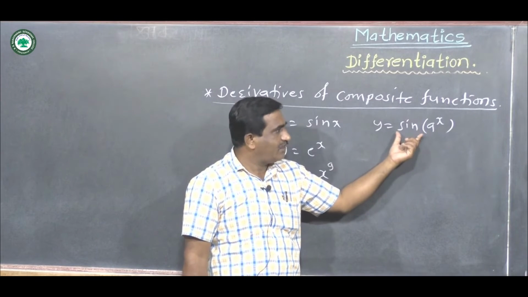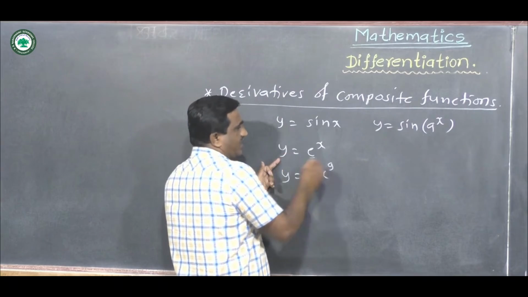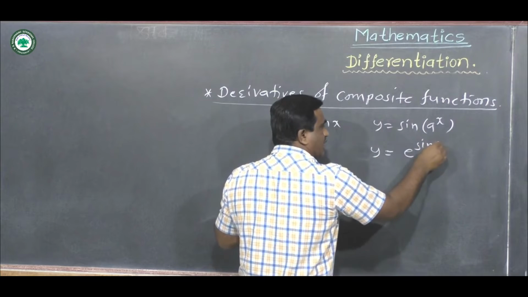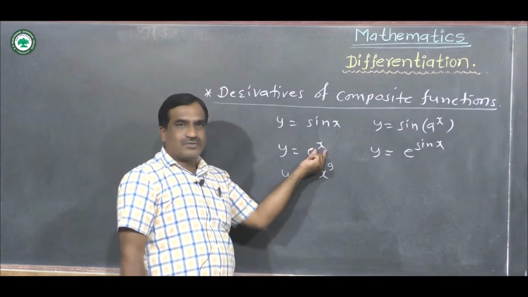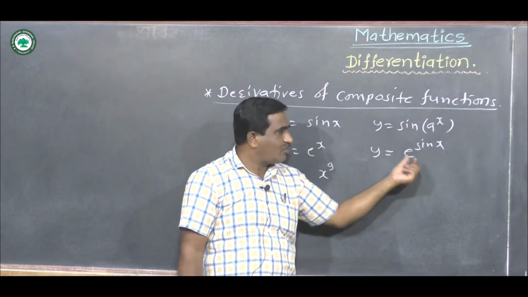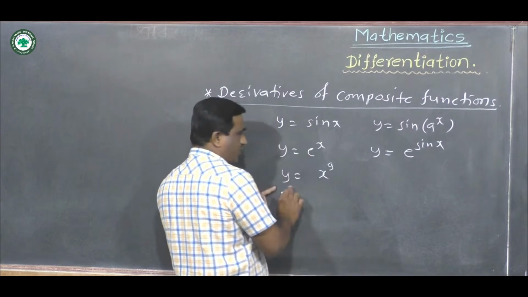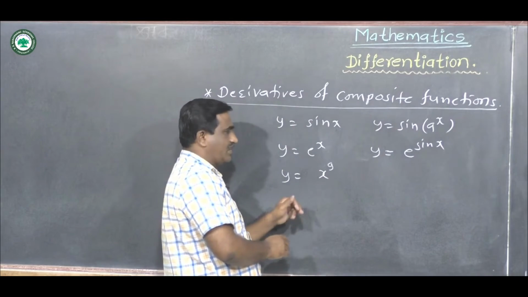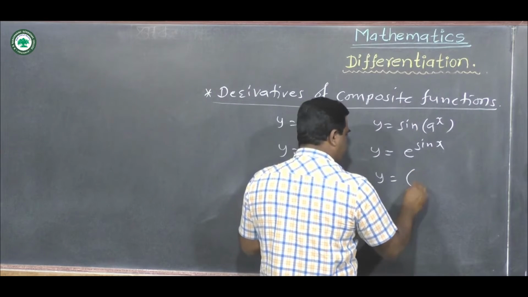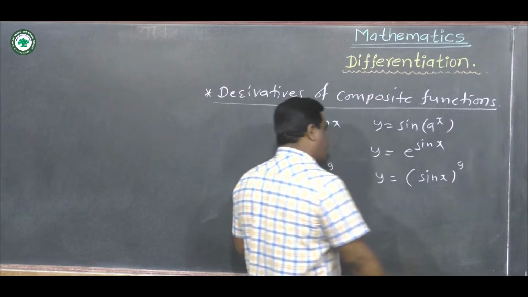Now we have to find the derivative for this composite function. Again, this is a simple function, and if we write y is equal to e raised to sin x, instead of x we write sin x, then the function becomes e raised to sin x, and this is a composite function. Also, y equal to x raised to n is a simple function. We can write y is equal to sin x raised to 9.